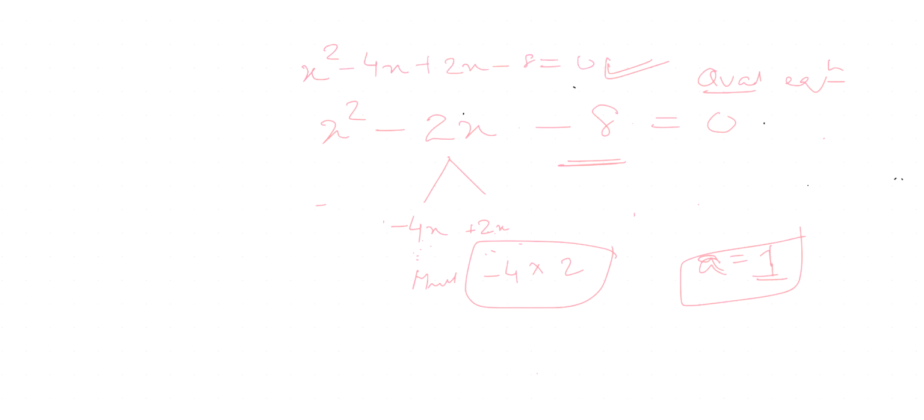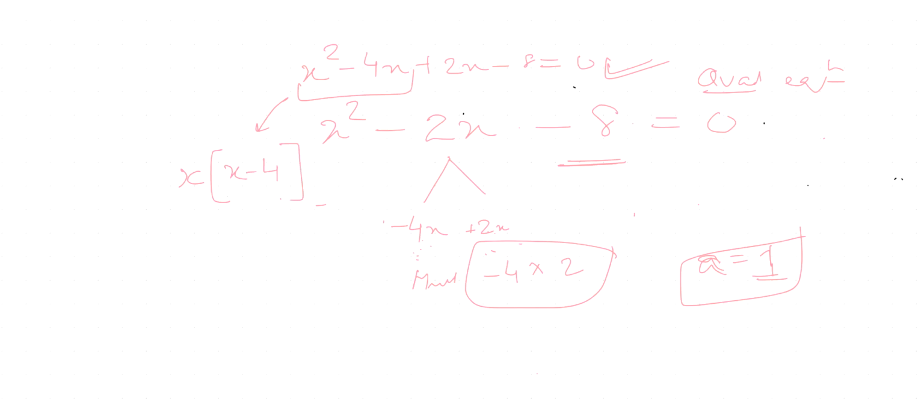Now, what I did before this example was I took the first two terms and took whatever was the common part. The common part here happens to be x. If I take out x such that the two terms are x square minus 4x, then it will be x into x minus 4. And remember, this is only about the first two terms.